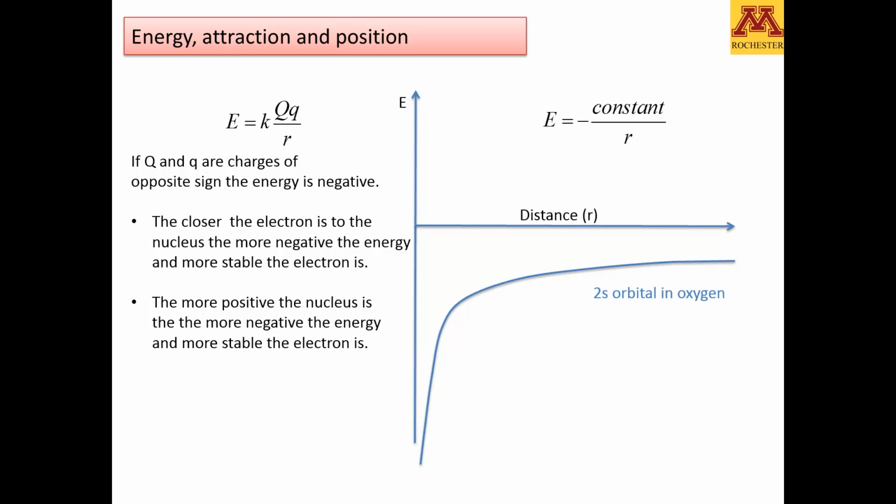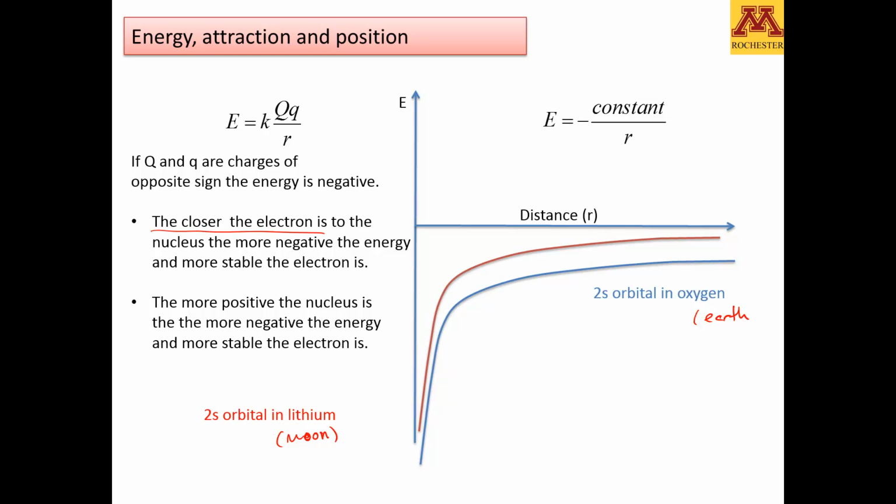Again, this would be the plot, and please make sure you understand what we're saying: the closer the electron is to the nucleus, the more negative the energy and the more stable the electron is. Notice that for lithium the attraction is smaller, the same as for the Moon, while oxygen would be Earth.